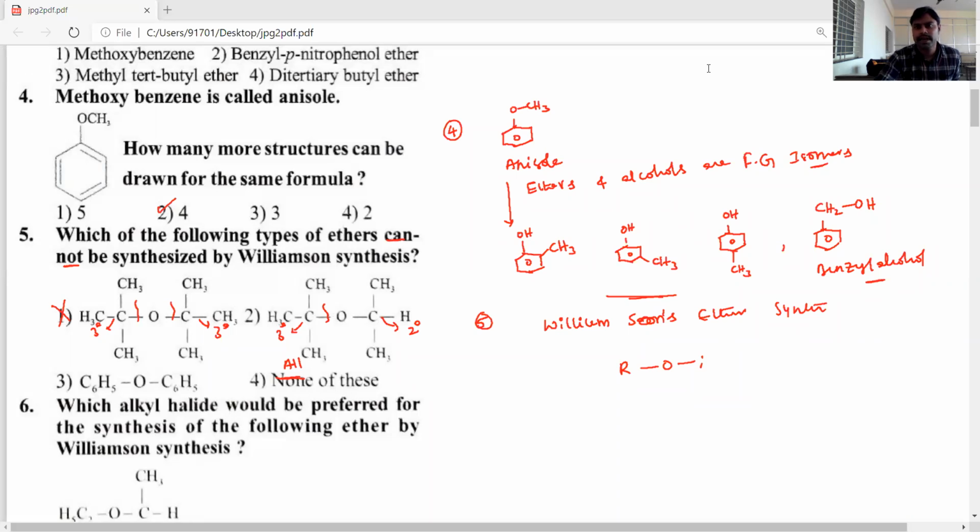R bond R dash. That R dash group may be primary, secondary or tertiary. It is possible, but the alkyl halide should be only primary.